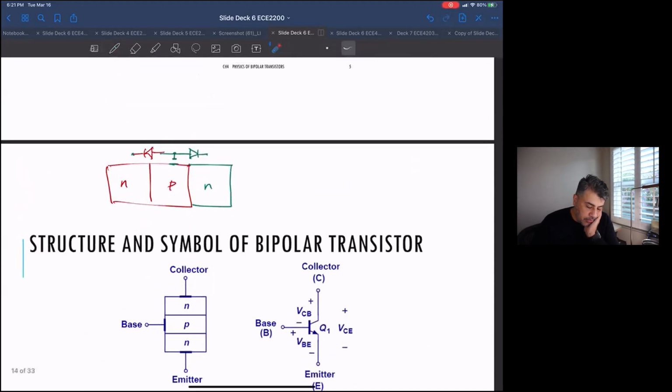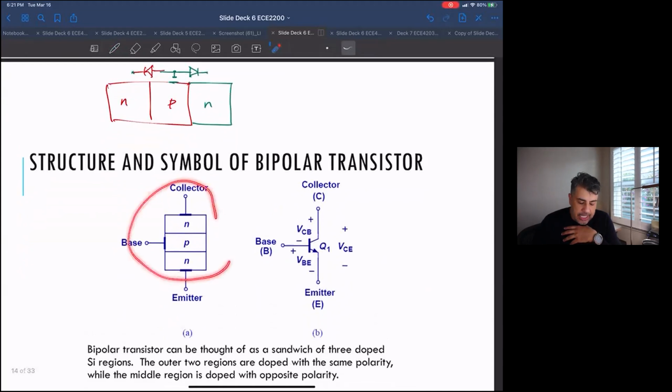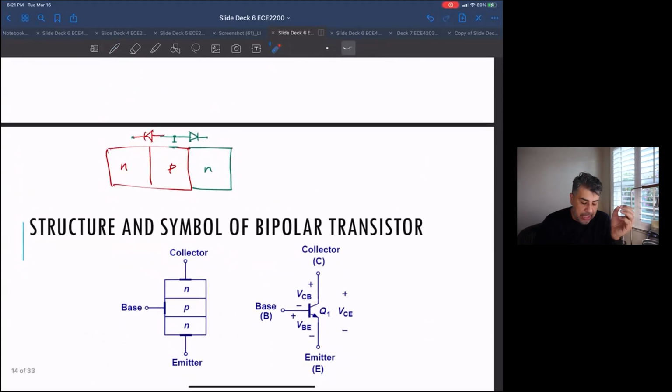Now, one of the secrets, and again, I'm sorry, I keep jumping ahead, but I want you guys to know this ahead of time, is the reason this acts in a very special way, it doesn't really act like two back-to-back diodes, because you make this P so thin that this junction interacts with this junction.